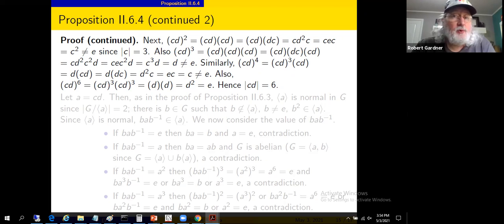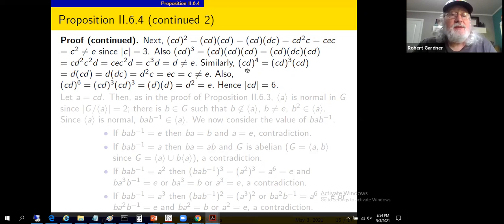D was an element of order 2, previous slide. Replace that with the identity, produces C cubed D. Oh, but C was an element of order 3, so that's the identity there. This gives us simply D, and D's not the identity. D's an element of order 2. Neither C nor D are the identities. So we've drawn the conclusion that CD cubed is also not the identity.